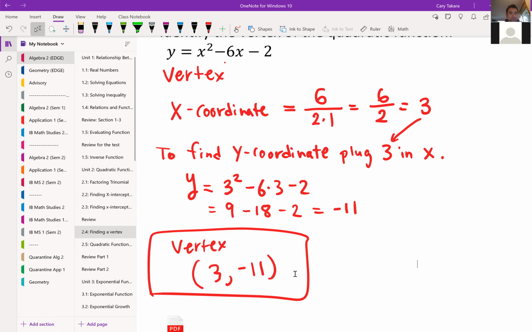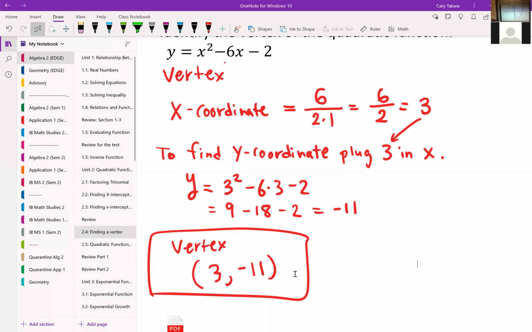You get that? So let me just show you the graph. Here I have the equation. Let's graph that. Oh, the window is not big enough there. Right there.